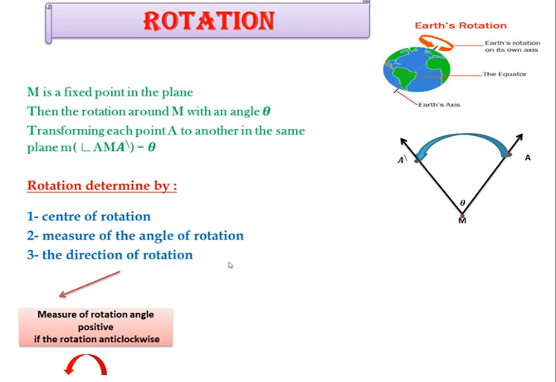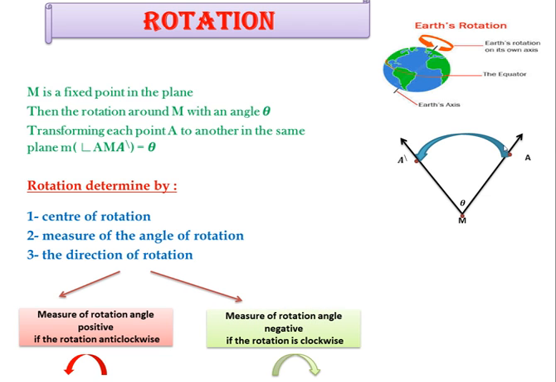If the rotation is anti-clockwise, then the measure of the rotation angle will be positive, like this example. But if the rotation is clockwise, then the measure of the rotation angle will be negative. We mean anti-clockwise from right to left, but clockwise from left to right.